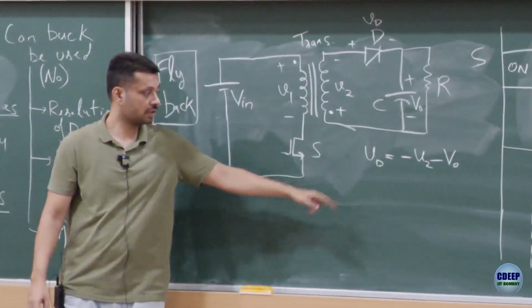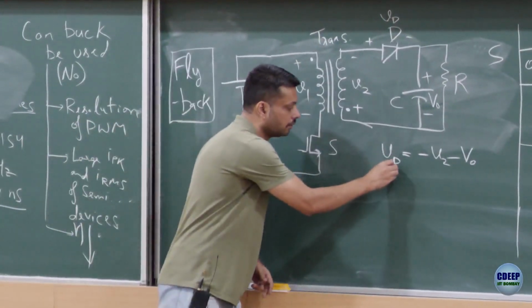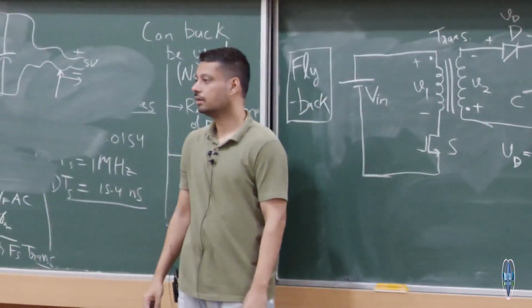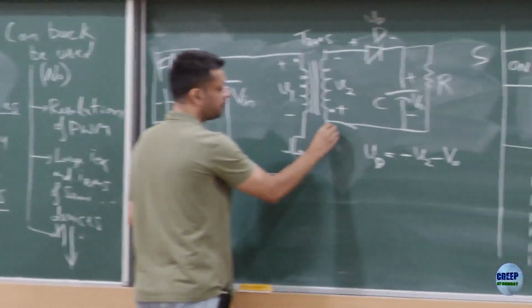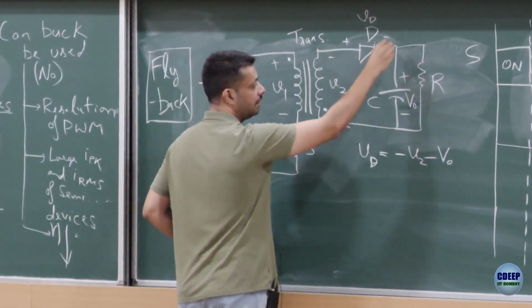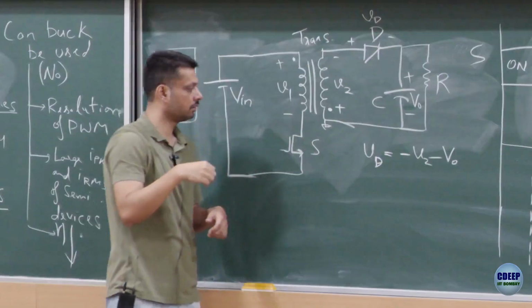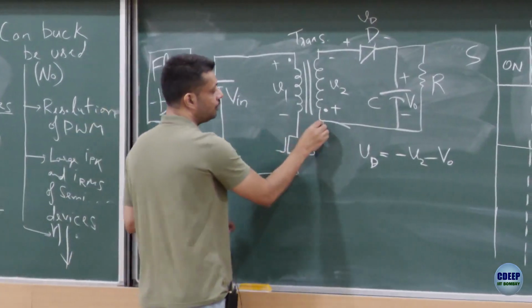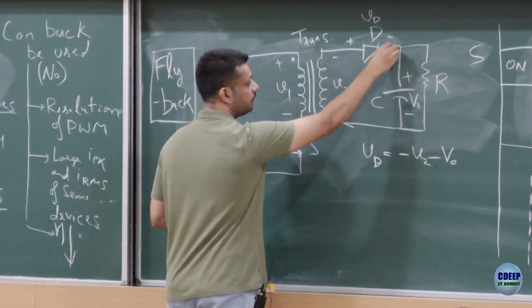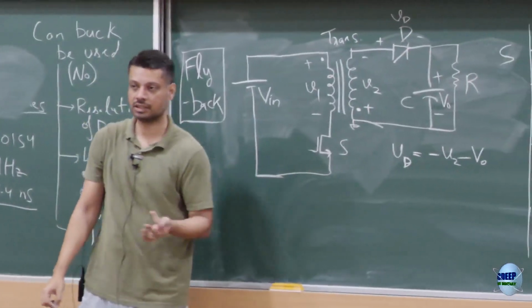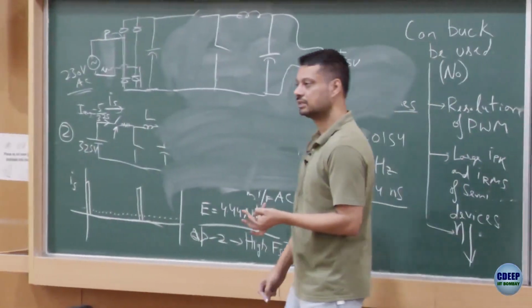Any doubt in this equation? This is VD. Kirchhoff's voltage law: you start from here, assume this is ground, 0, minus V2 minus VD minus VO is equal to 0. So you can take VD to the other side. Is that okay?